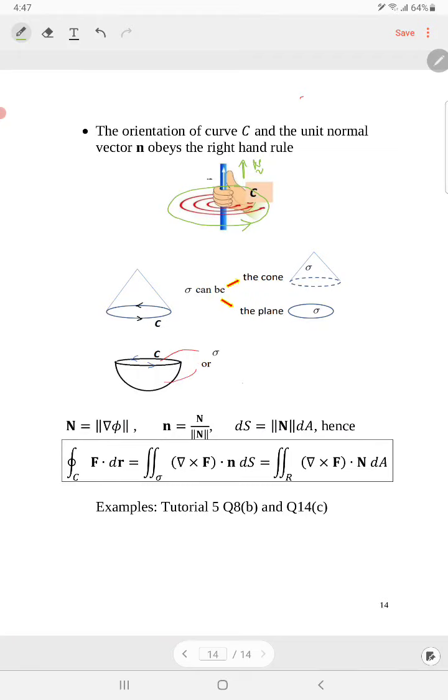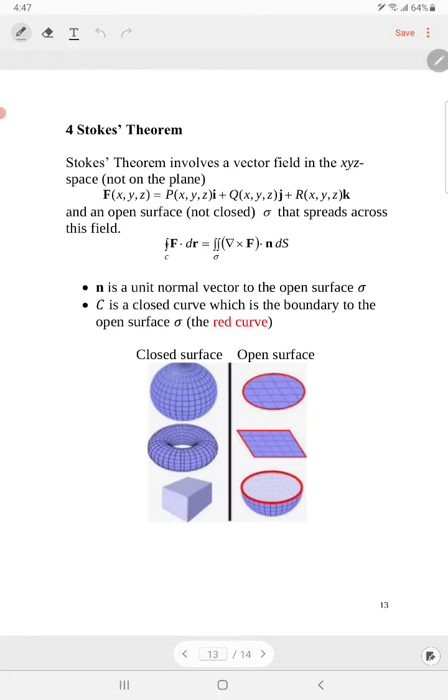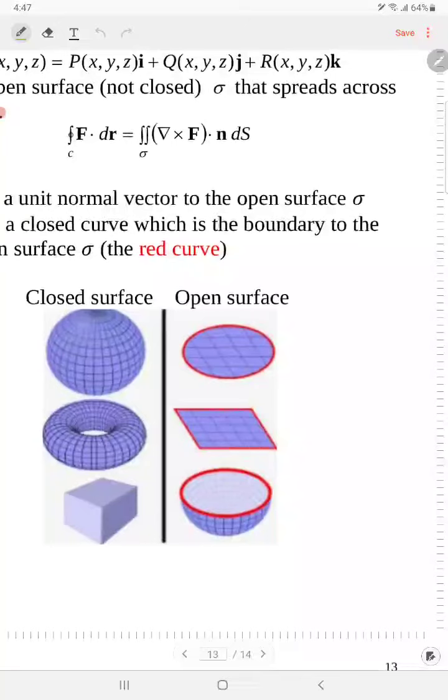Now if you look at our open surface again, let's say your normal vector to the open surface is pointing upwards like so.